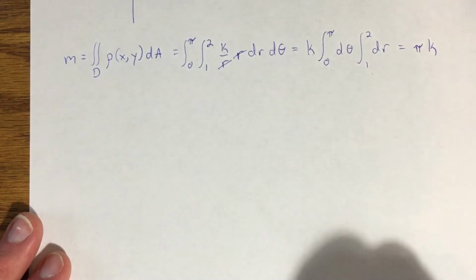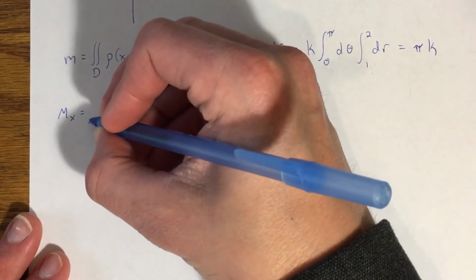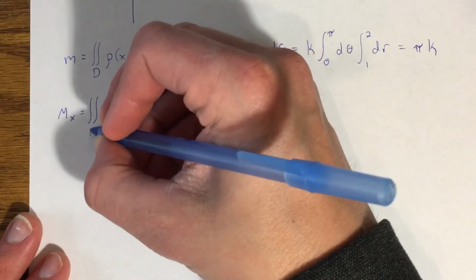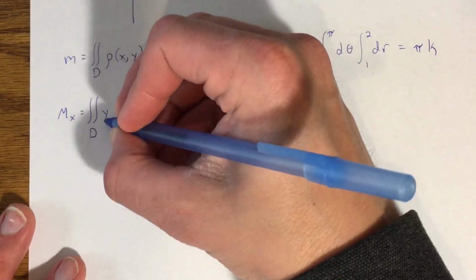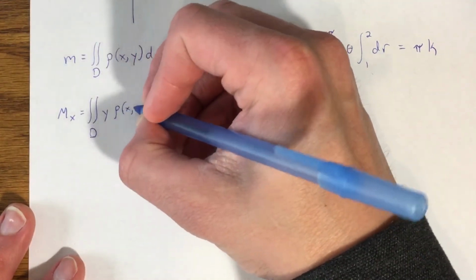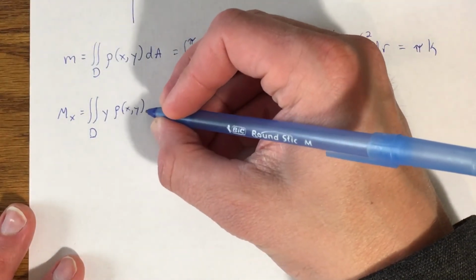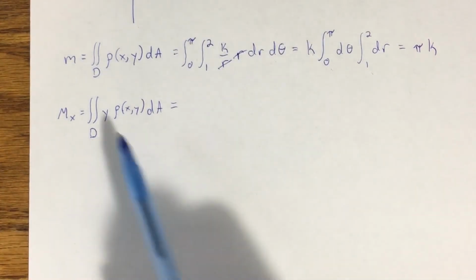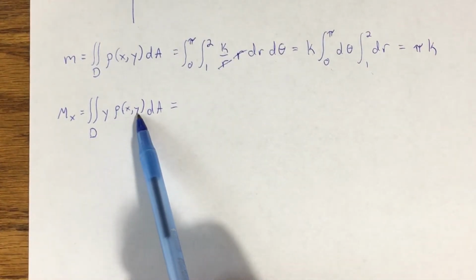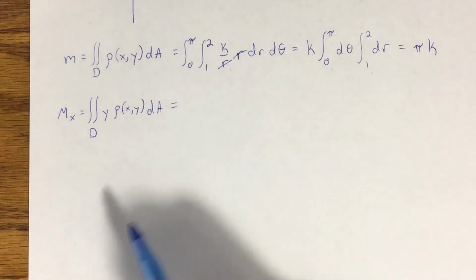All right, let's find the other two integrals that we need. Let's start with mx. Remember, mx, the moment about the x-axis, is a double integral over my lamina D of y times rho of xy. And again, remember, y is the distance from any point to the x-axis. That's the reason we use y, dA. Okay, so I already know that rho of xy is going to convert to k over r, like it did here, and my dA is going to convert to r dr d theta.